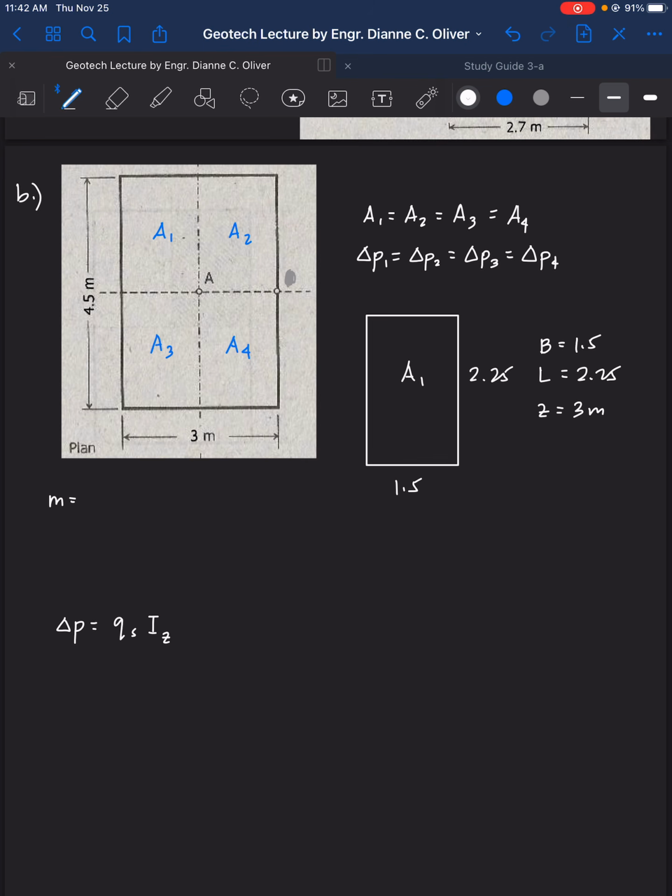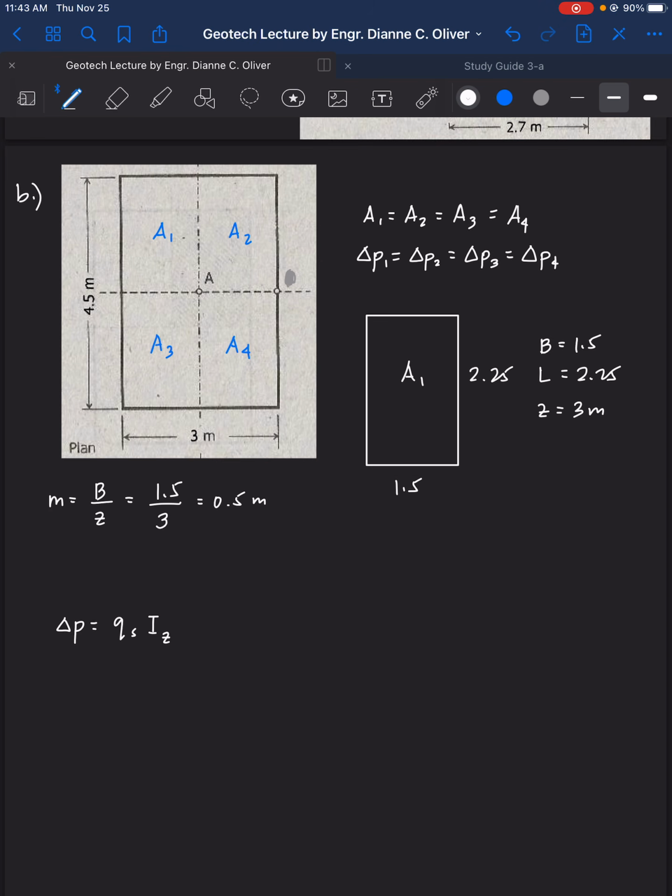Therefore, M is equal to B over Z, which is 1.5 divided by our Z of 3, so that is equal to 0.5.